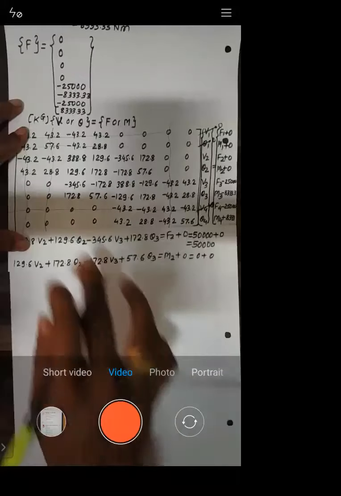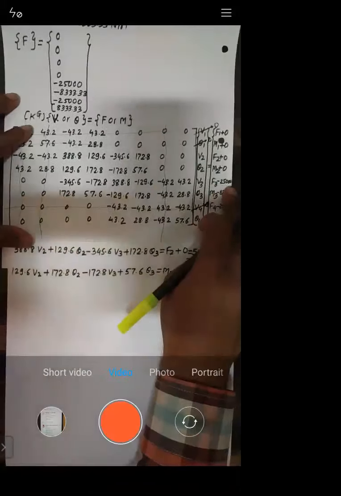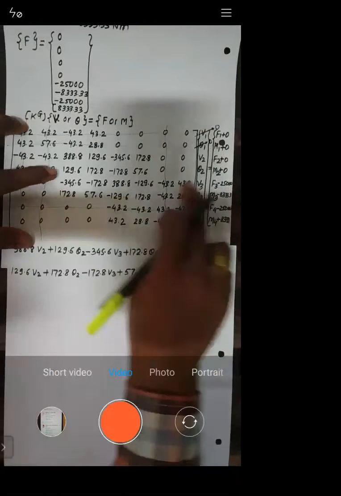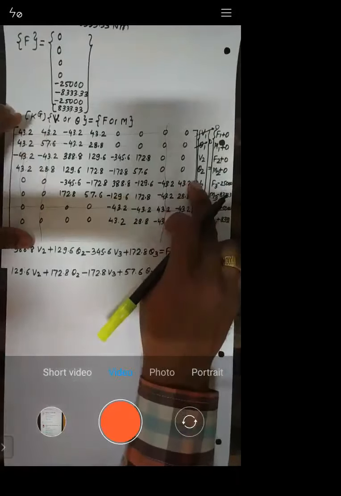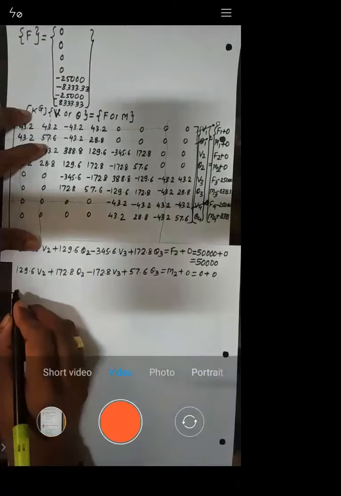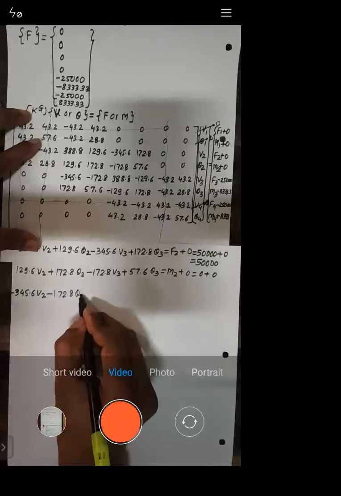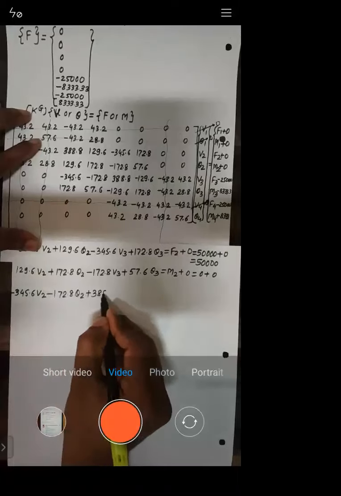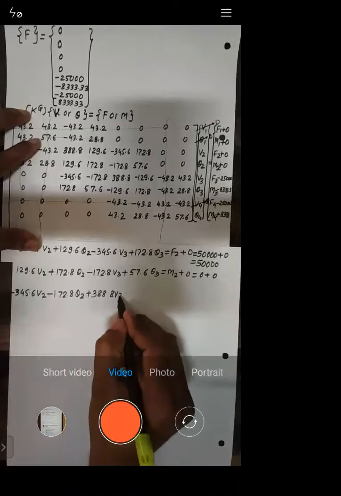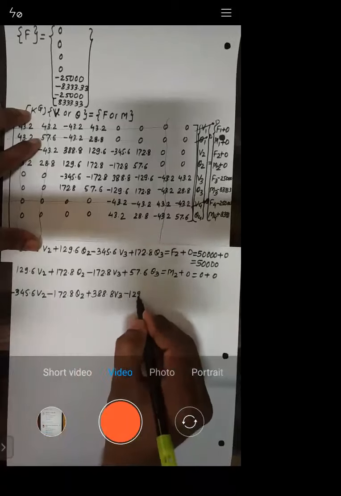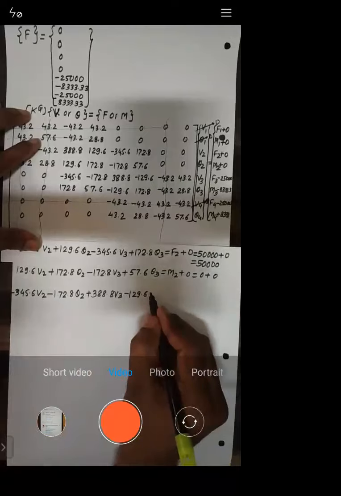Which we want for F3 minus 2500. So I'll go like this: the fifth row into this column, right? So that is minus 345.6 into V2 minus 172.8 into theta 2 plus 388.8 into V3 minus 129.6 into theta 3.